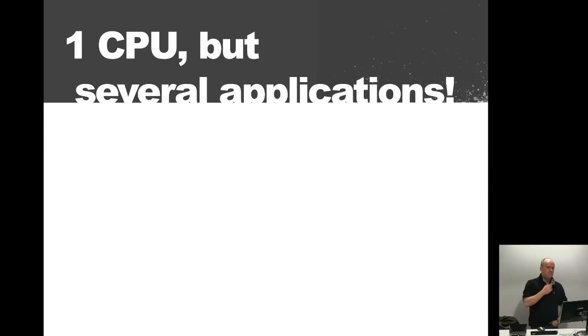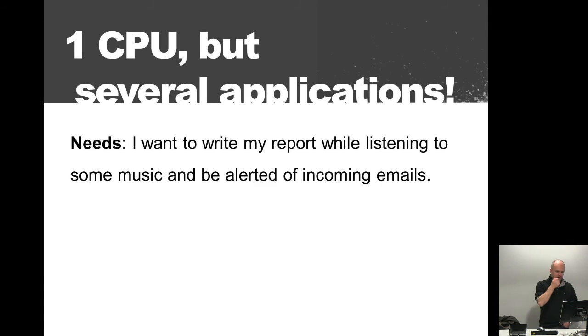Okay, so instead of speaking about 4 cores, let's go with a 1 core situation, which was still very common 5 years ago. So you need to write your report, listen to some music, and be alerted about incoming emails. Okay? So reasonable usage of a computer.